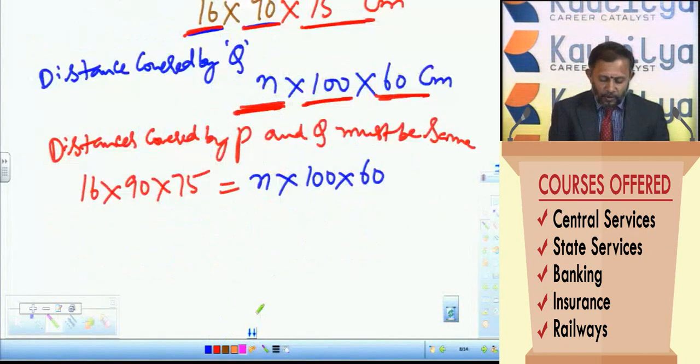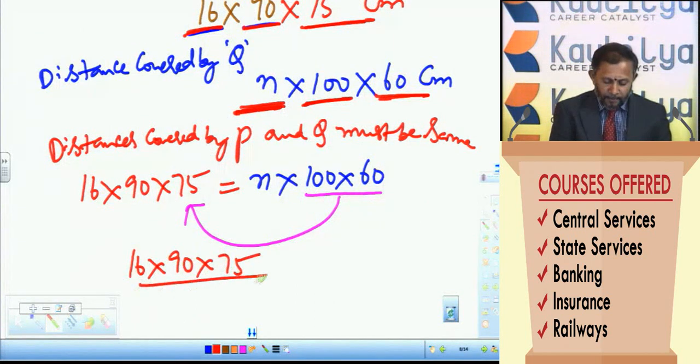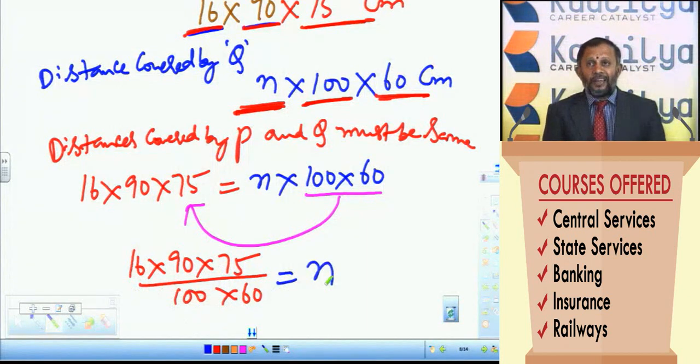So if we shift these two to the other side, we can write 16 into 90 into 75 by 100 into 60 is equal to n. Here n stands for the number of minutes taken by Q, the second person.